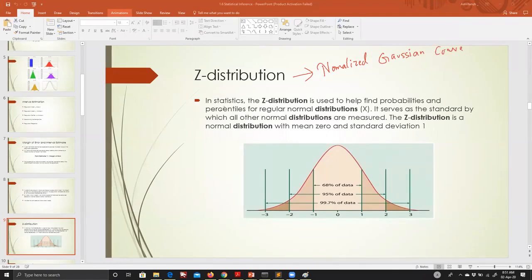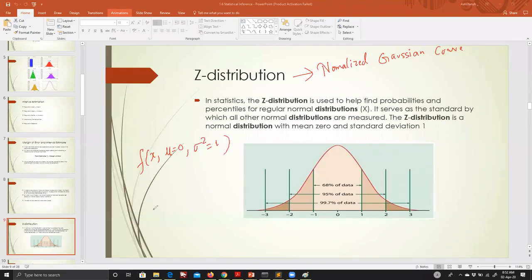In statistics, the z distribution is used to find probabilities and percentiles for a regular normal distribution. It basically serves as a standard against which normal distributions are measured. The z distribution is a normal distribution with mean 0 and standard deviation 1. So you have a function like this, where mu is 0 and the standard deviation, or variance, happens to be 1.